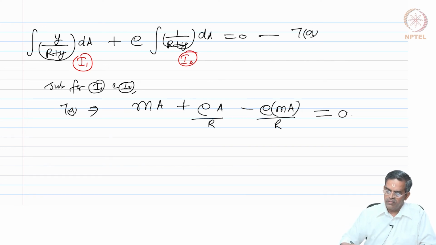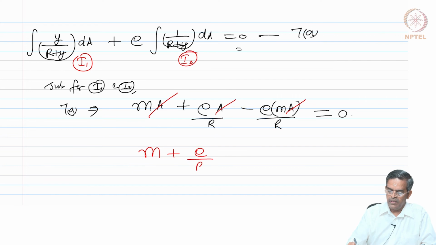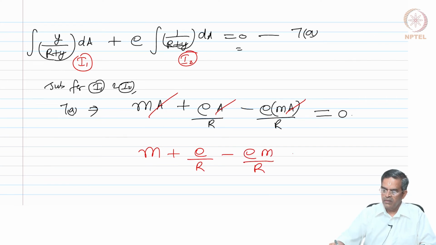That is what we want, isn't it? Set to 0. So, I can cancel this. Now, I can write M plus E by R minus EM by R is 0.